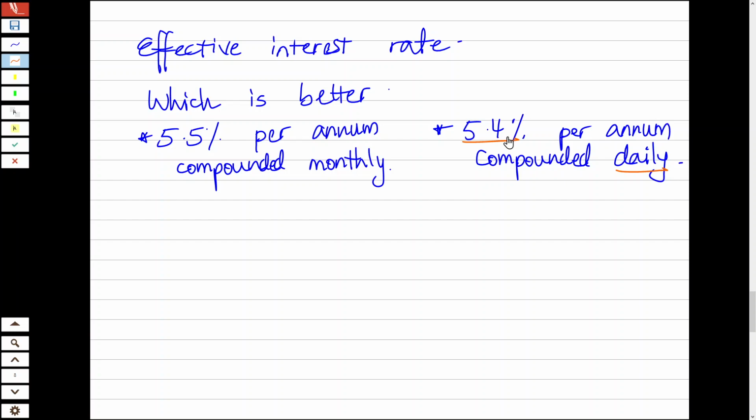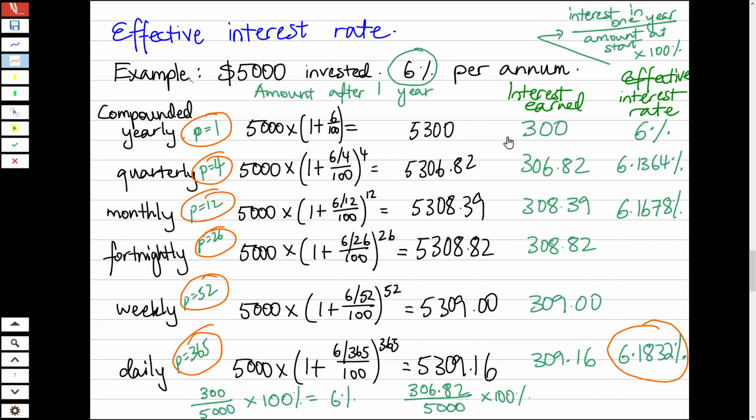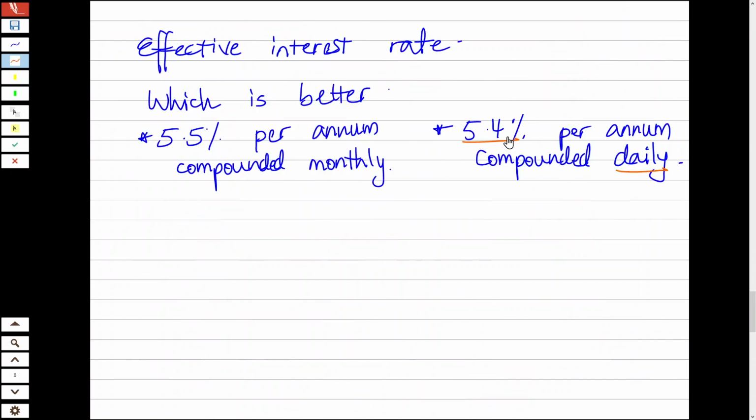But we've got to be careful. The second option has more compounding periods, so it could be better because of this effective interest rate thing happening here. See how 6% changed to 6.18%? We've got to understand that even though it's 5.5 and 5.4, the actual interest that you earn is going to be slightly different to those numbers.